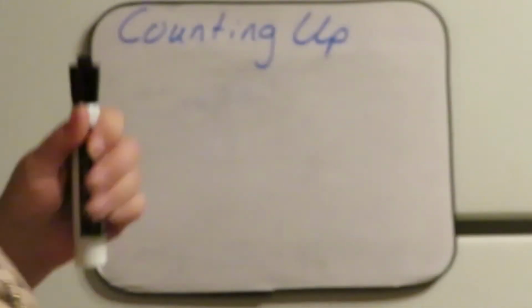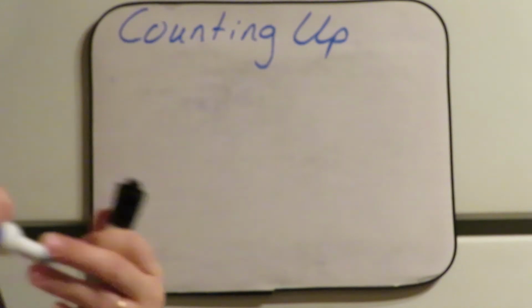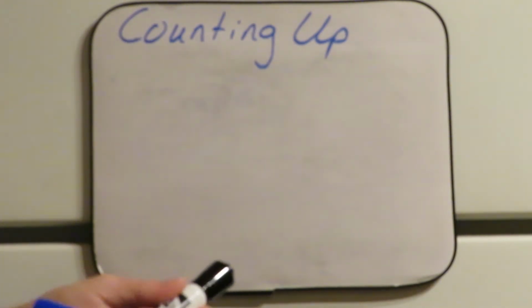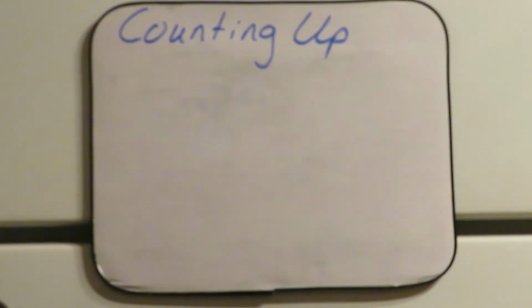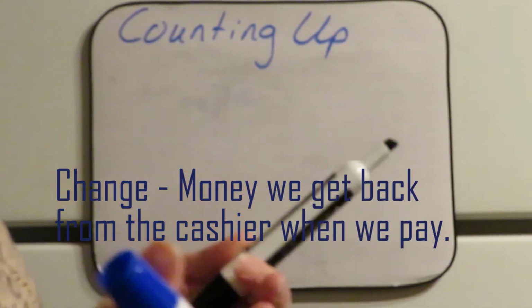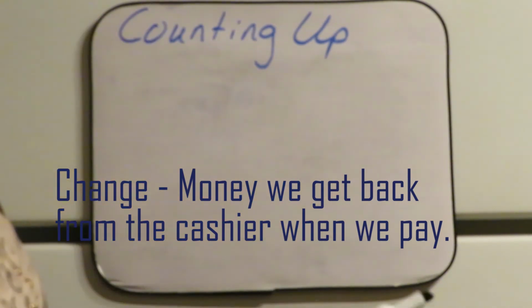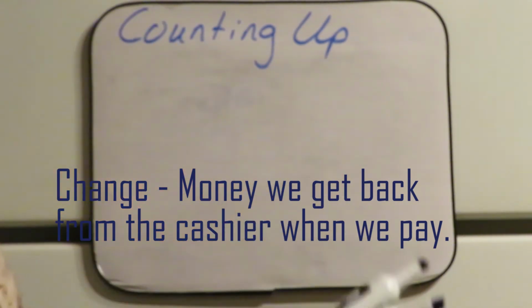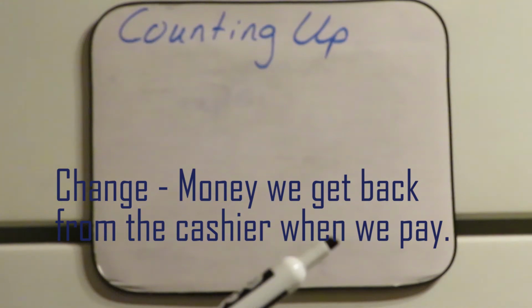This method is called counting up. We use this when we're talking about general numbers, but also when we're talking about giving change. Change is the money we get back from the cashier when we pay for something.